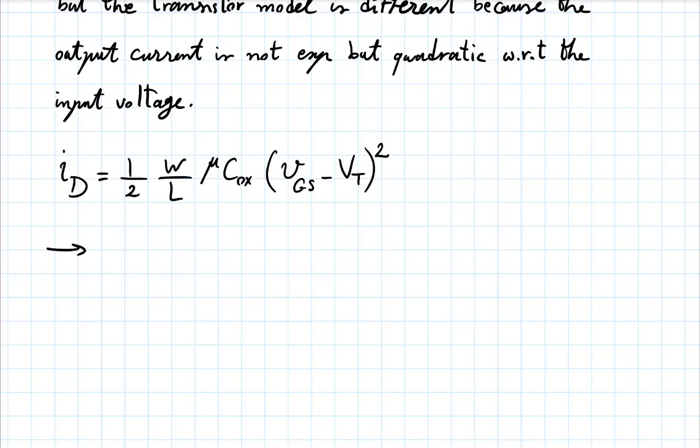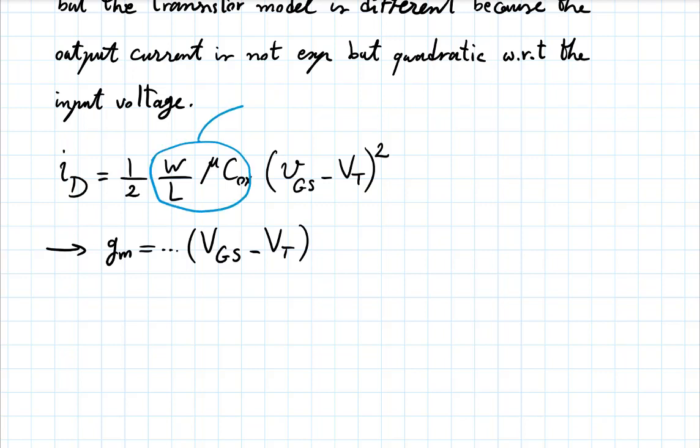And this led to a gm that had some proportionality here, but then had the bias point V_GS minus V_T. This is from last time, I'm just copying it. By the way, you might see this written sometimes, this part people might call K, and this part might be called K prime, just as a shortcut so that you don't have to carry W over L mu C_ox. You will see this in people's notation. But that's it. Basically, you have some proportionality.